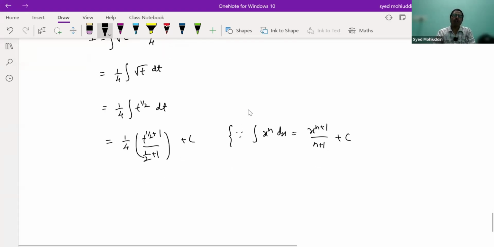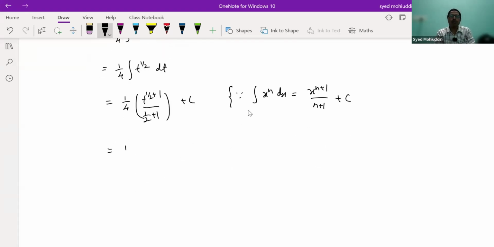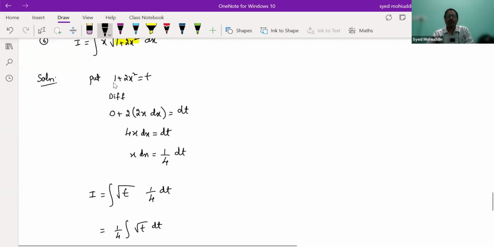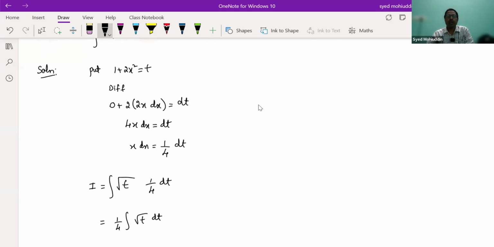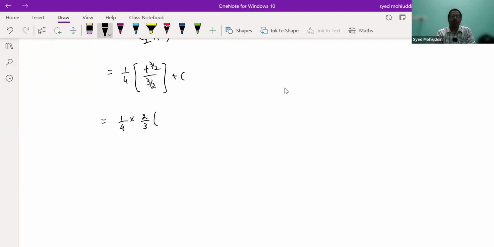But half plus 1 value will be 3 by 2, plus the constant c, or 1 by 4 into 3 by 2. If I take it in the numerator, it becomes reciprocal. And what is the value of t I have taken there? The value of t that I have taken in this case is 1 plus 2x square. So 1 plus 2x square to the power of 3 by 2, plus the constant c.